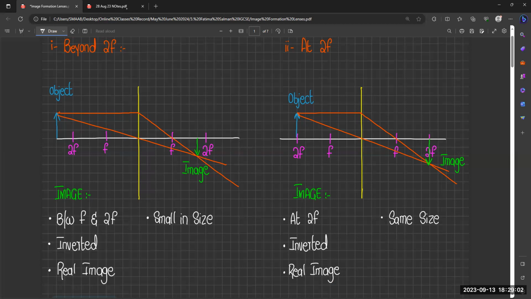So basically, when the object is moving close to the lens, your image will shift by the same amount away from the lens. And when your object is moving away from the lens, you have to shift your image by the same amount close to the lens, right?